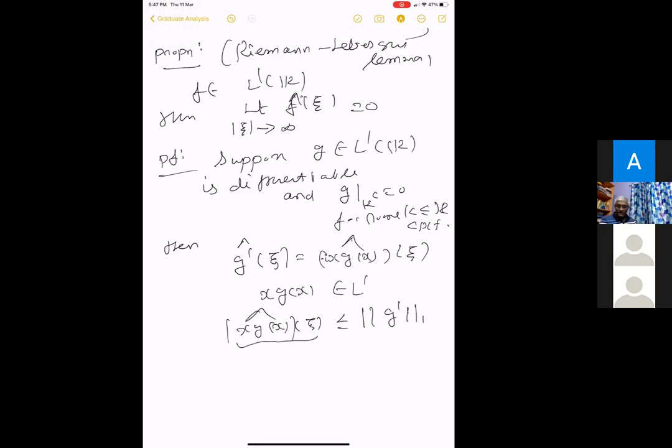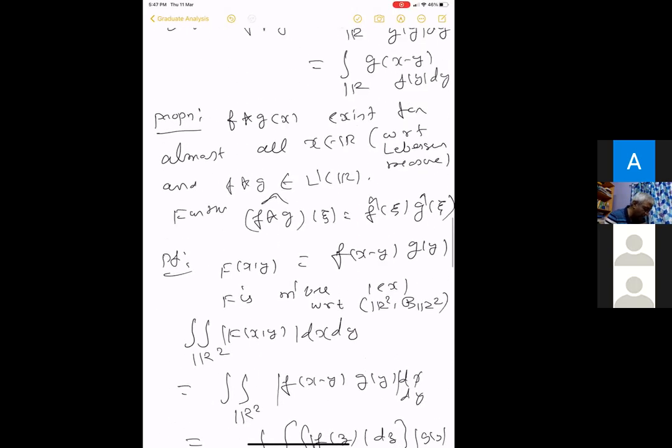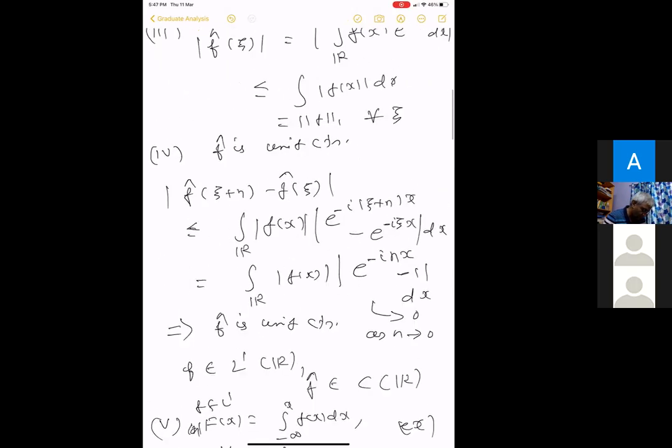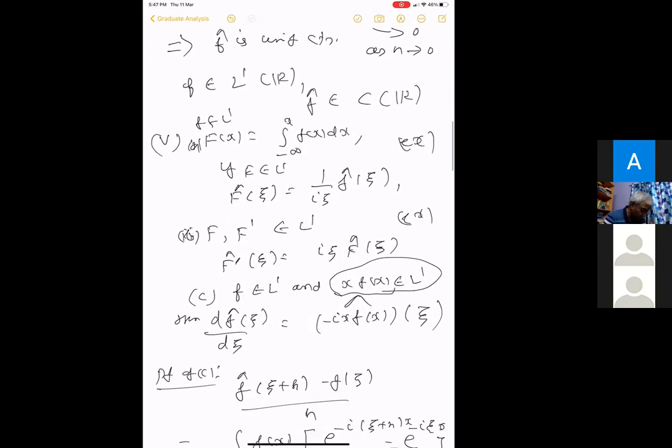So xg(x) is a bounded function. This implies g hat of xg(x) is a bounded function. Oh, sorry, it's i. What do we have? I'm not using this, sorry, I'm using the other one.